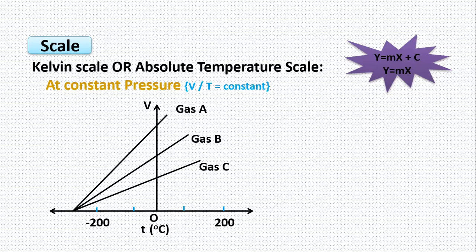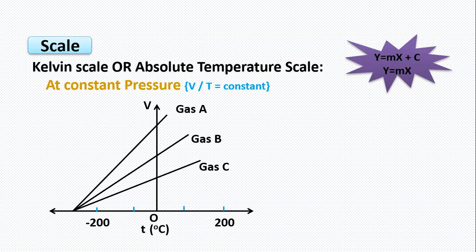What we know here is that at constant pressure, the volume is directly proportional to temperature. Now, if the temperature is 0 degrees Celsius, we expect that the volume should also be 0. But volume is not 0. Means this temperature 0 degrees Celsius is not actually 0.